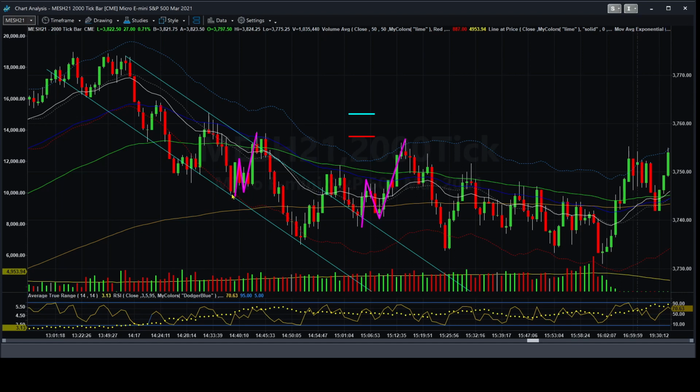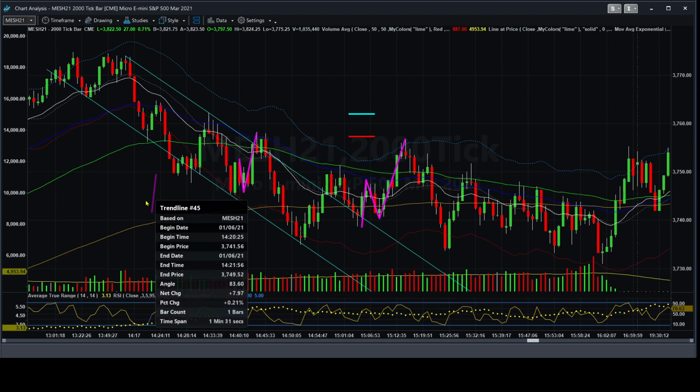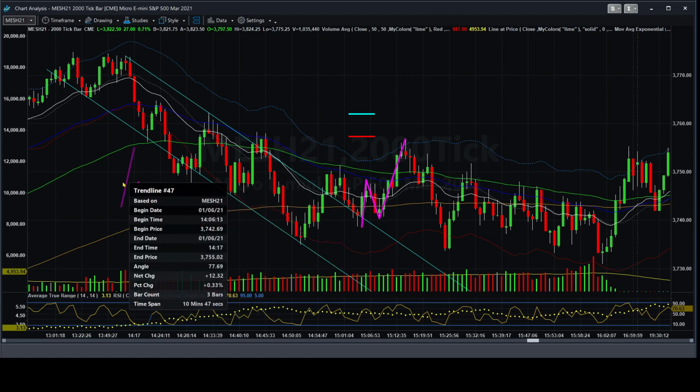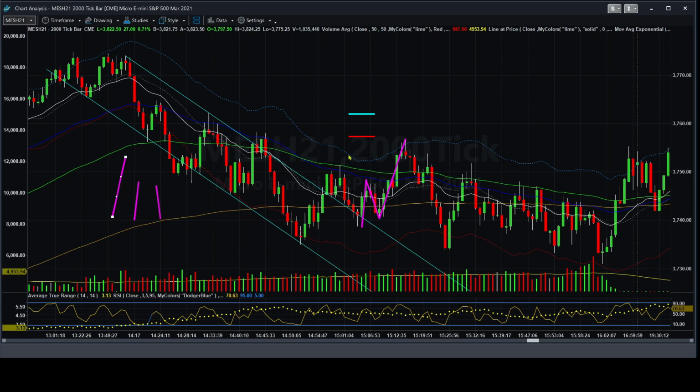And we can see here that we have a two-leg pullback. We have a down impulse here, and a two-leg pullback in magenta or fuchsia. Let me take these lines out a little bit to show it more easily, because when we are trading this in real time, on real candlestick charts, sometimes it's not so easy to spot.